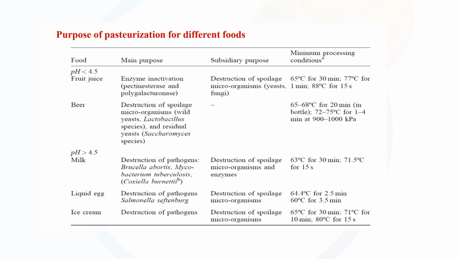In ice cream, the main purpose of pasteurization is destruction of pathogens, and the subsidiary purpose is destruction of spoilage microorganisms. The minimum processing condition for ice cream is 65 degrees Celsius for 30 minutes.